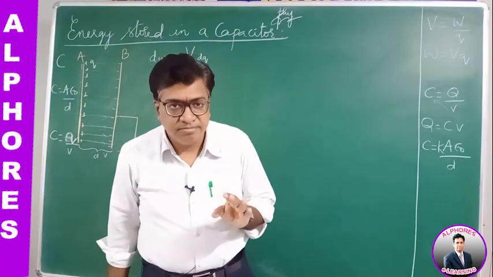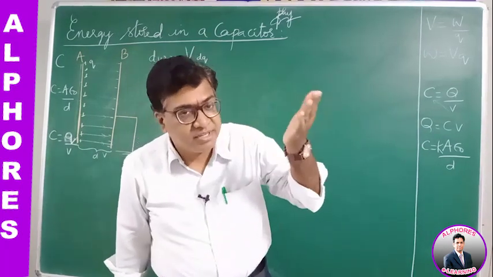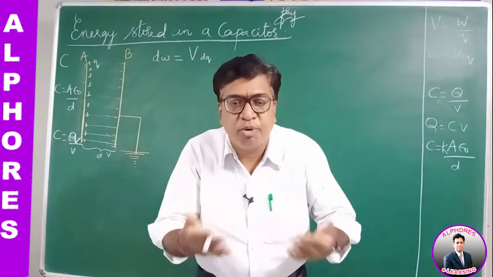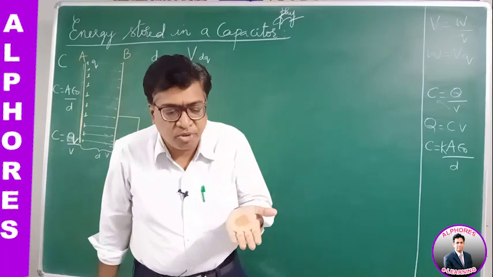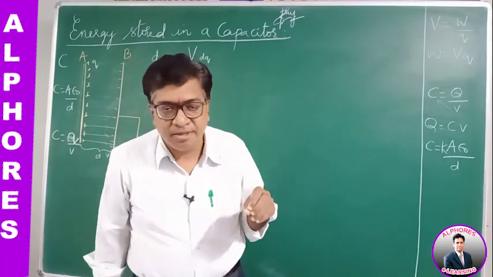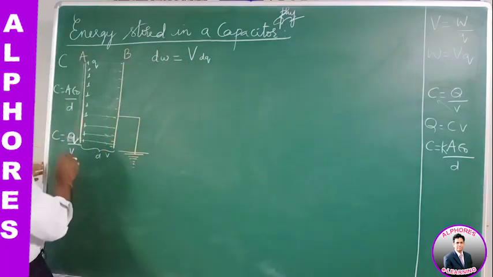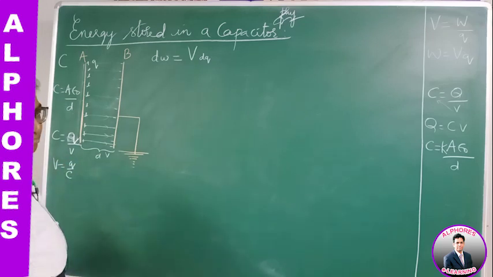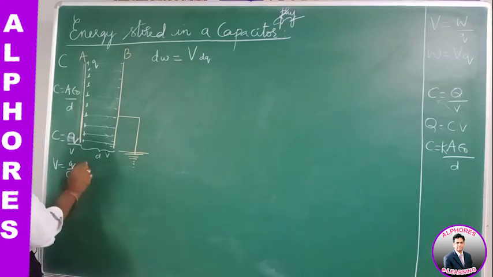The amount of charge in a capacitor is proportional to the potential there. As you give charge, the potential increases. Q is proportional to V, Q is CV, and C is the constant of proportionality. So cross multiplying, I can write V is equal to Q by C. Let this be equation 2.